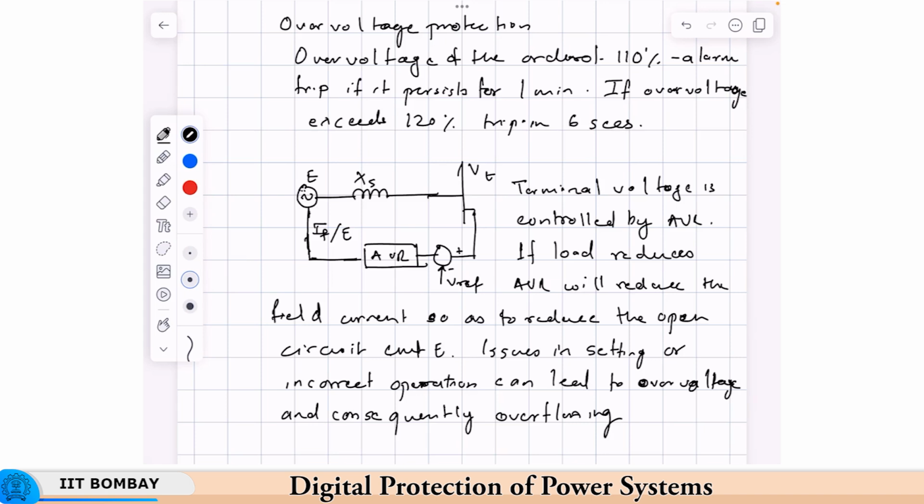The flux in the core is directly proportional to the voltage. So, it will lead to overfluxing not only in the generator, but also in the connected transformer. And that can of course cause large magnetizing currents.